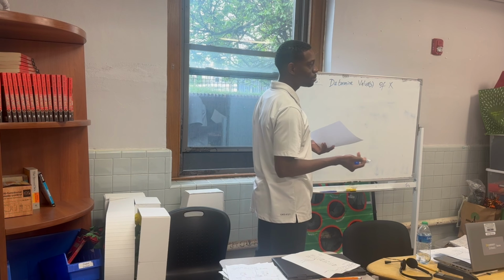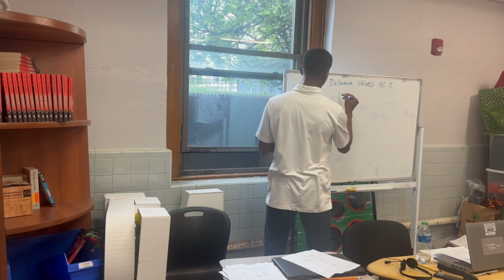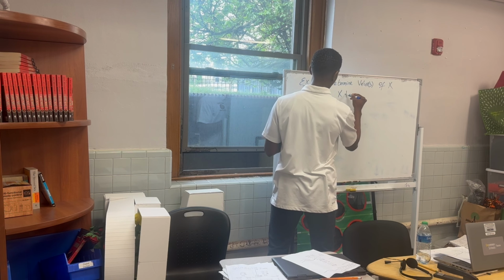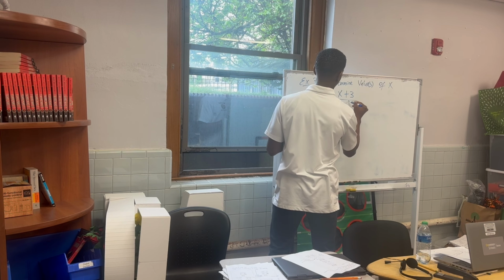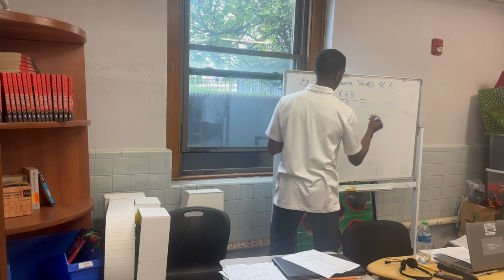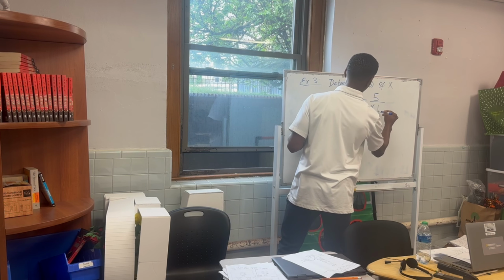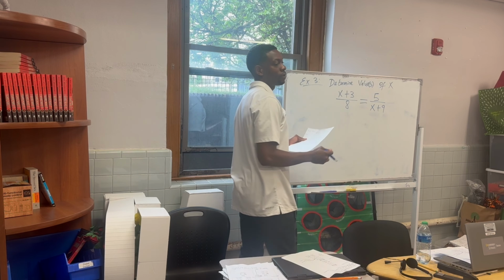Like what number does x represent, right? So I have a fraction that is x plus 3 over 8. If you have the note page, you can help me along with the words and everything. 5 over x plus 9, right?